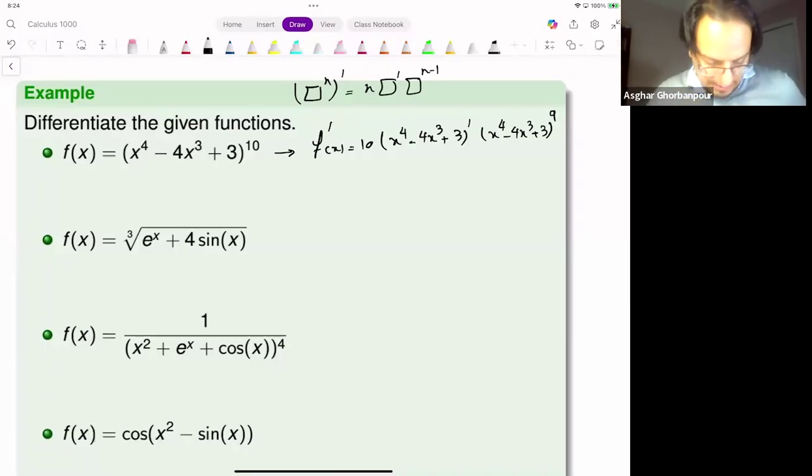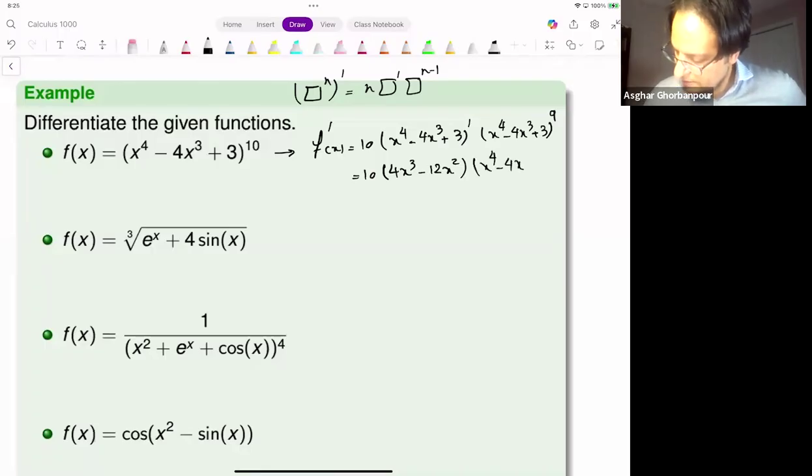And then you just need to find the derivative of that part, which is this: (4x^3 - 12x^2)(x^4 - 4x^3 + 3)^9.